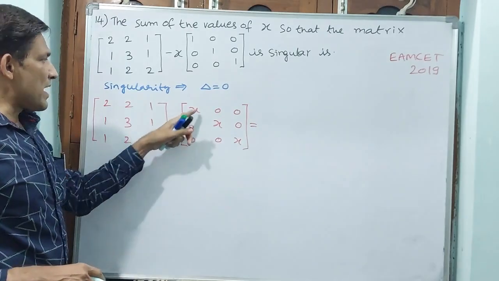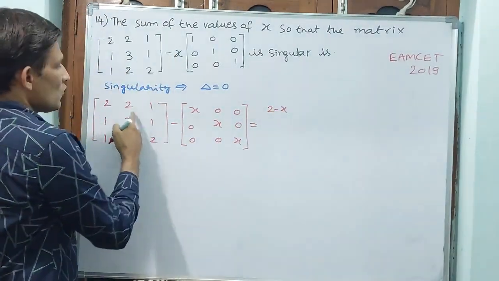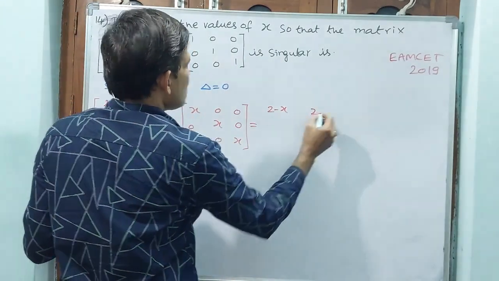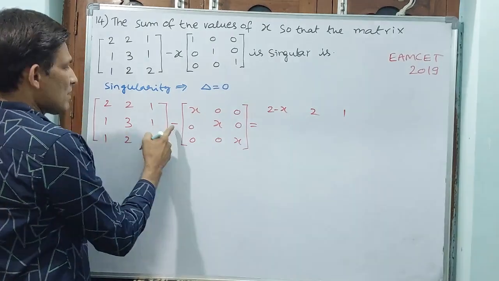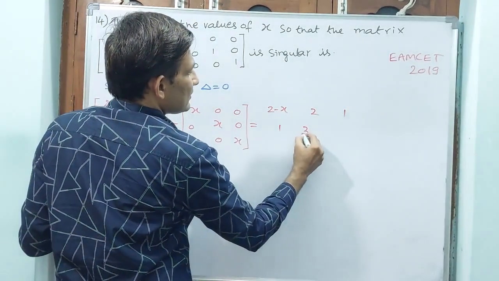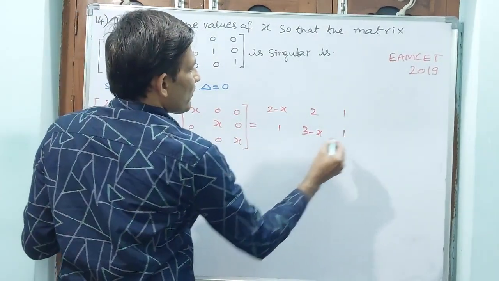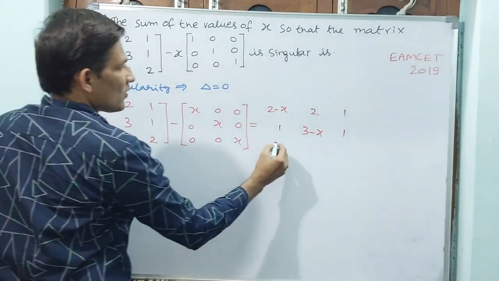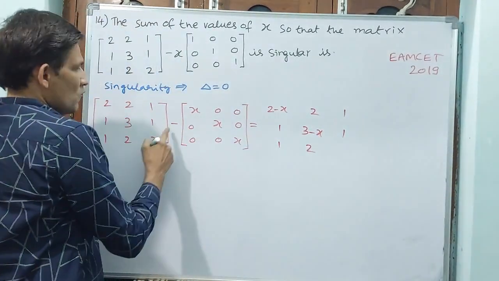Okay, see 2 minus x, write down 2 minus x, 2 minus 0 2, 1 minus 0 1, 1 minus 0 1, 3 minus x, 1 minus 0, 1 minus 0, 2 minus 0, 2 minus x.